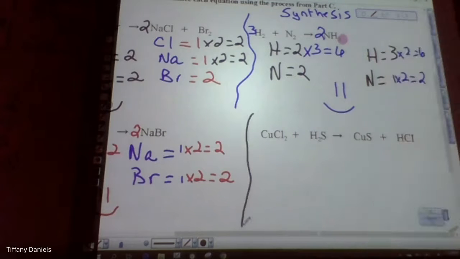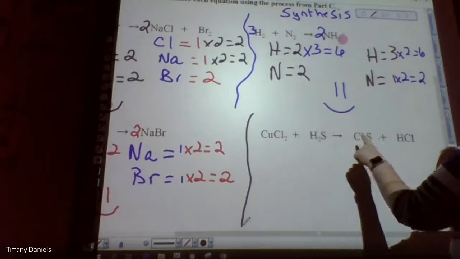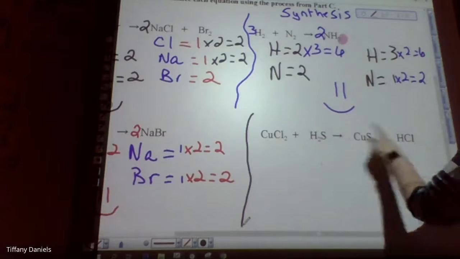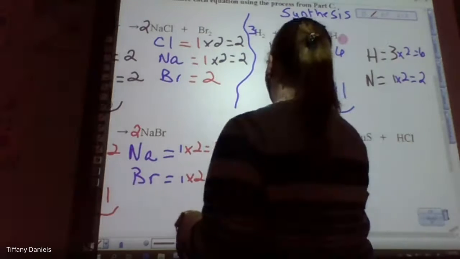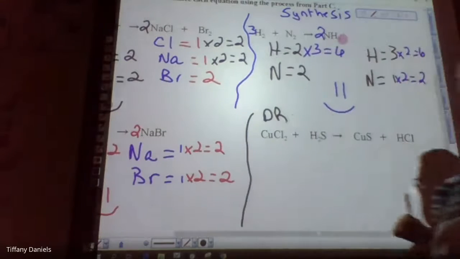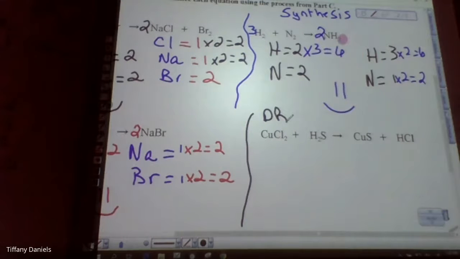All right. This one's a long reaction, so let's look at it. So I see copper, chlorine, hydrogen. This looks like a double replacement. Would you agree? Yes. Yeah. This is a double replacement. Okay. Again, follow those steps.